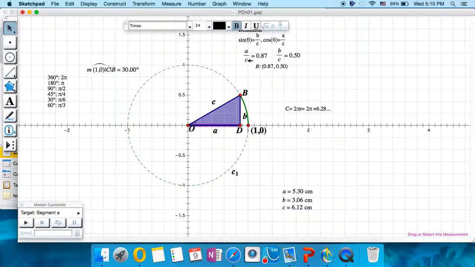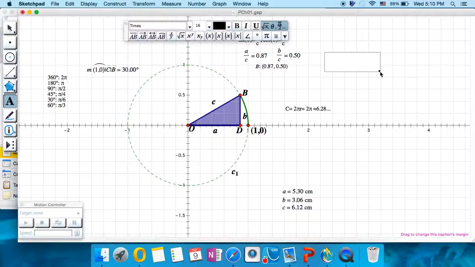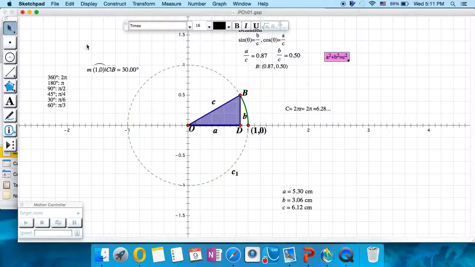So cosine is a divided by c, which we can also find by the Pythagorean theorem: a squared plus b squared equals c squared. If you plug them in, we don't know what a is, but we know b is a half and c is 1.